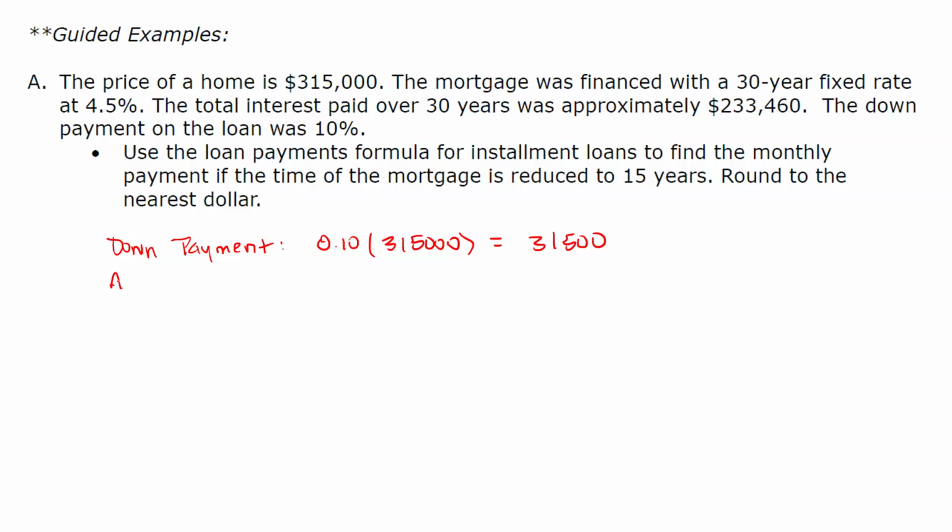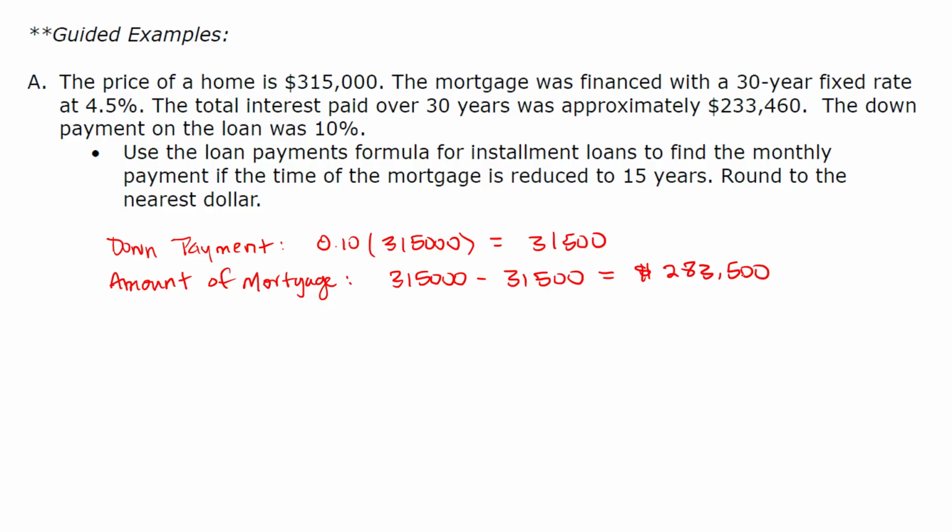So our mortgage amount will be 315,000 minus 31,500, which equals $283,500.